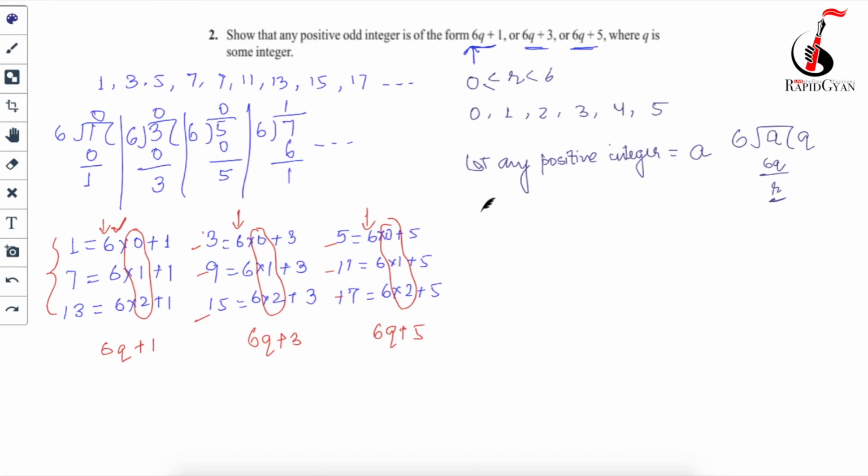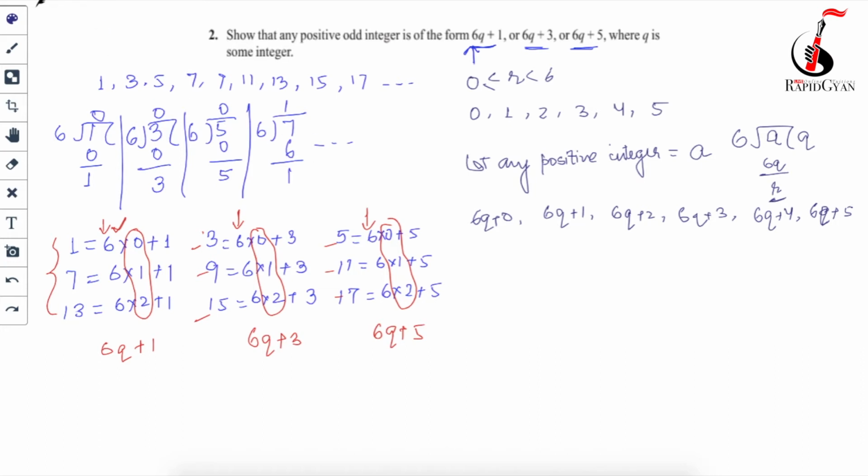So possible outputs will be 6q plus 0, okay, 6q plus 1, 6q plus 2, 6q plus 3, 6q plus 4 and 6q plus 5. Correct? So these all are my possible outcomes.